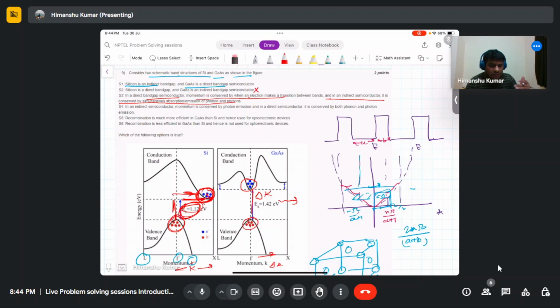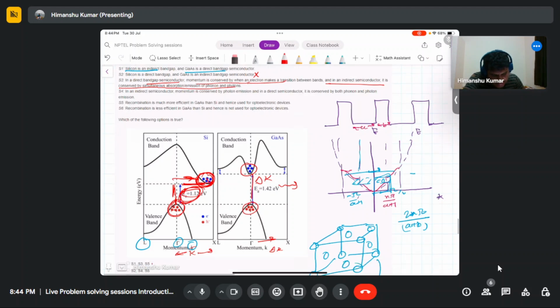Horizontal is the phonon, vertical is the photon, so both are required for this transition. So S3 is correct.